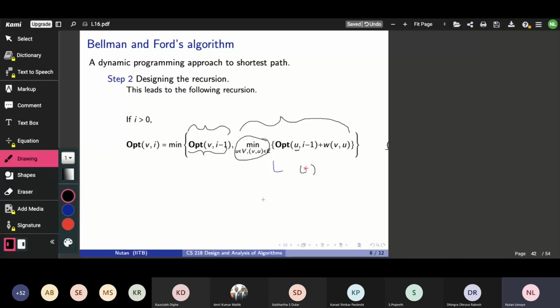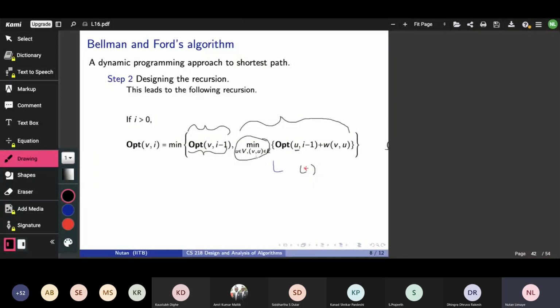Let me pause here. There are already some doubts in the comments. If there are more, please put your comments in the comment box. So one of the questions is, isn't opt of v comma i minus 1 included in the second term?